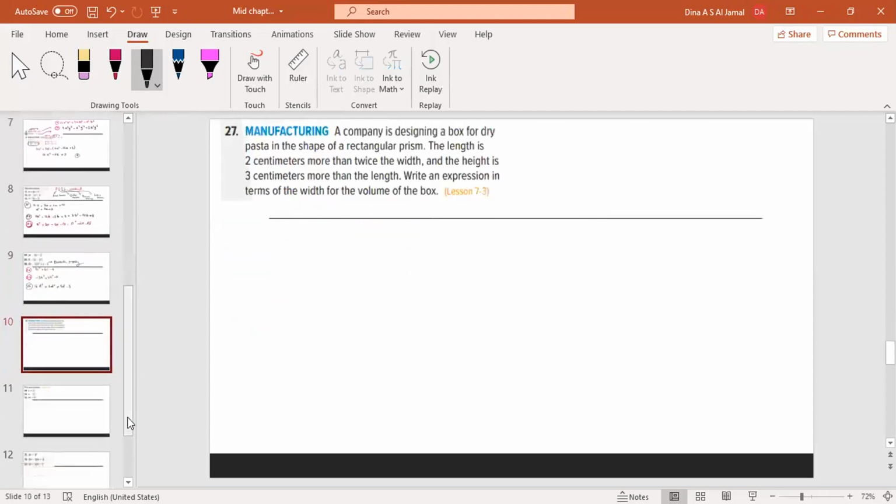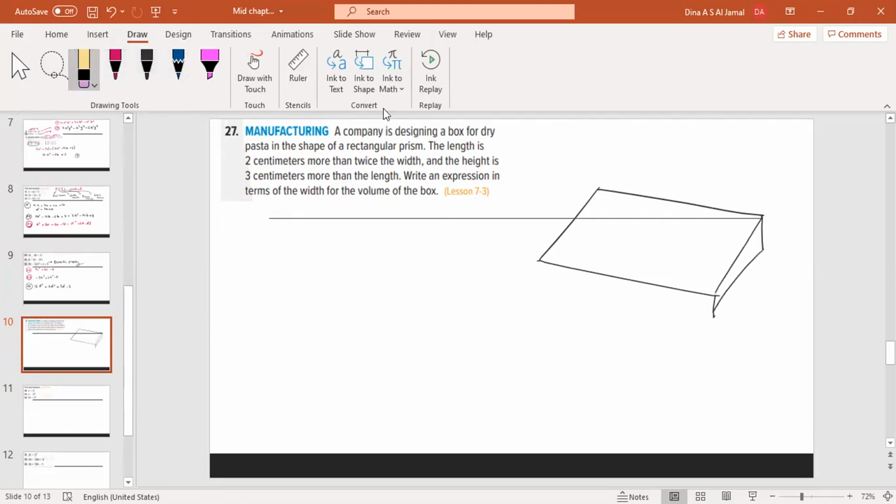Now let's go to this question, which is a really good question. A company is designing a box for dry pasta in the shape of a rectangular prism. So let's draw some rectangular prism. This is a rough drawing, not an accurate one.